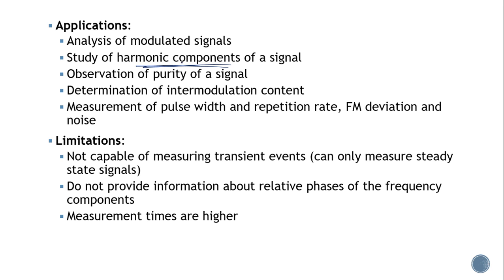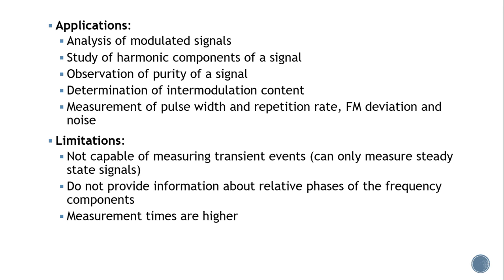You can check the purity of the signal, determine the modulation, and find out if any intermodulation has taken place. You can also measure the pulse width, repetition rate, frequency modulation deviation, and noise. All of these can be found out using spectrum analysis.